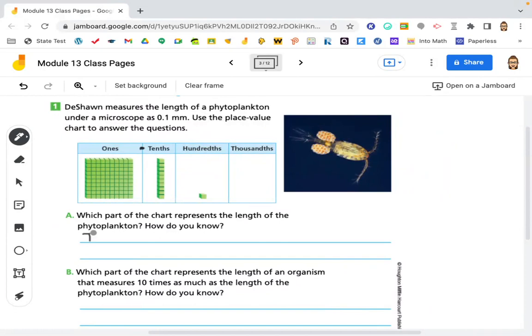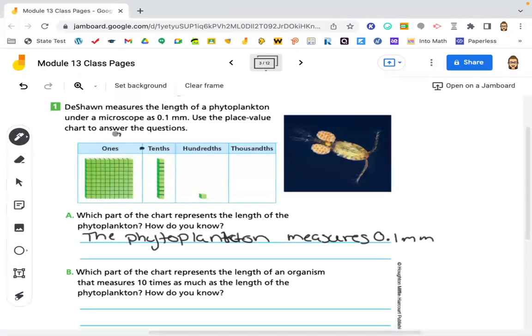So the phytoplankton measures 1/10 millimeter. So if I wrote that in here or above this, I have 0 and 1/10.